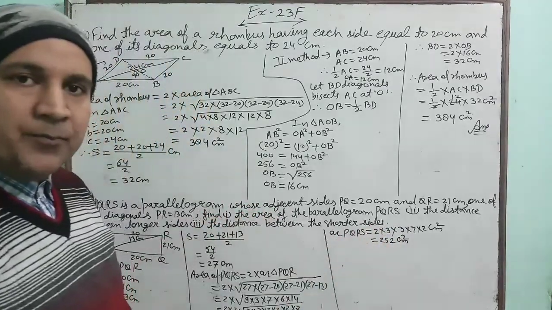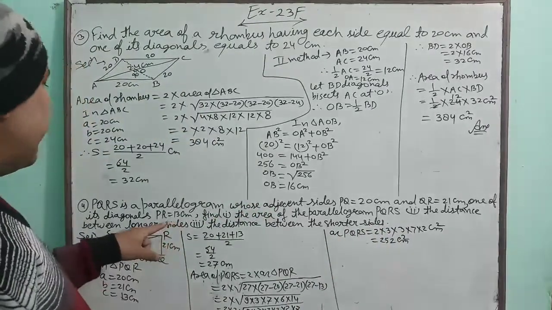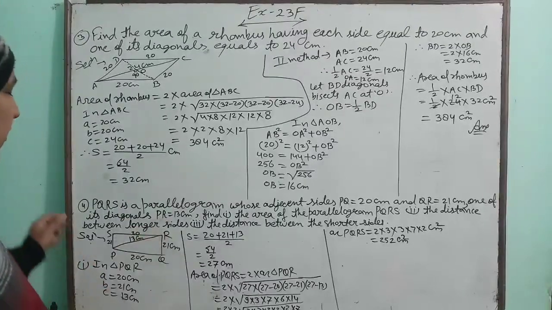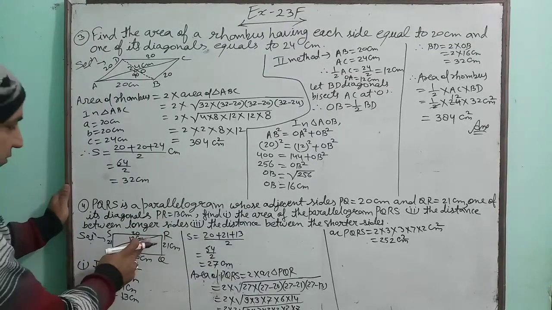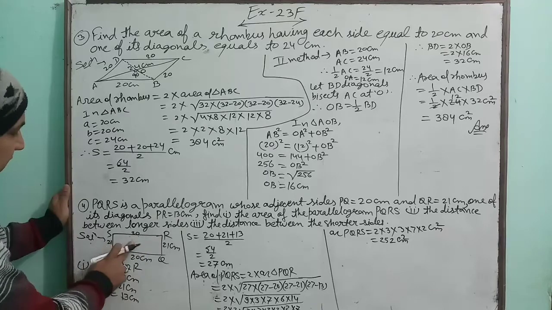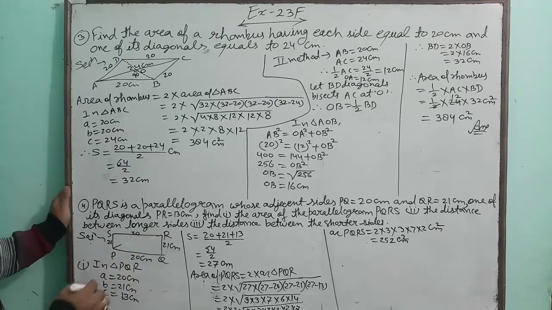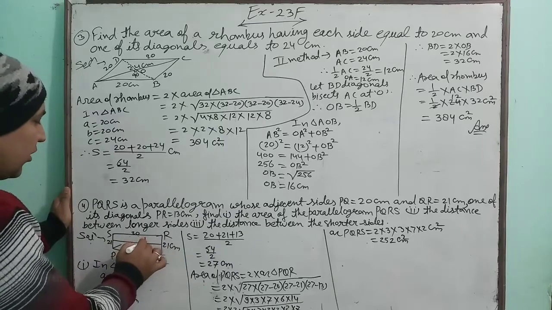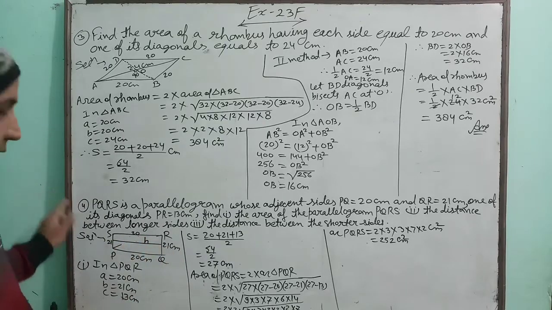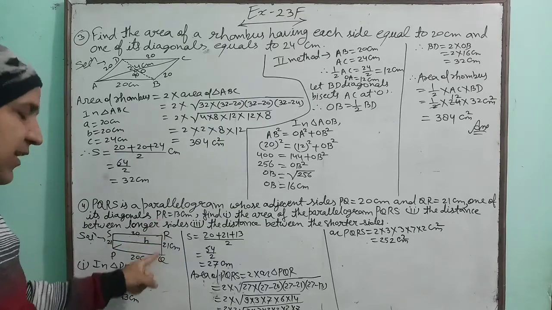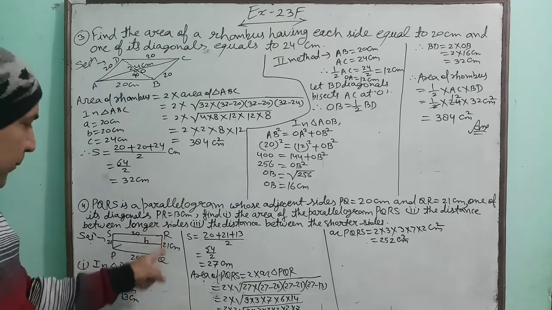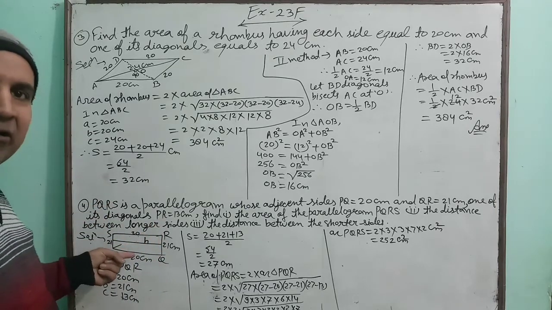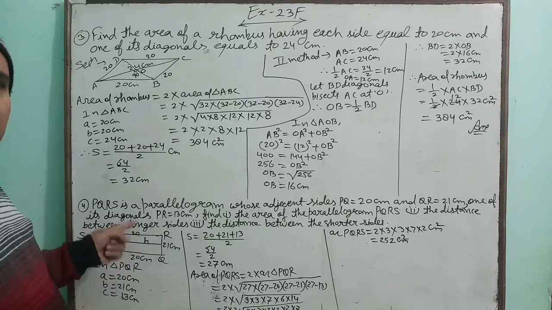Yes, it is correct. Now second part is find the distance between the longer sides. Children, you can see that here the longer side is 21. So distance between longer sides will be called height. If this is height, then 21 is the base. So base into height is also the area of parallelogram.